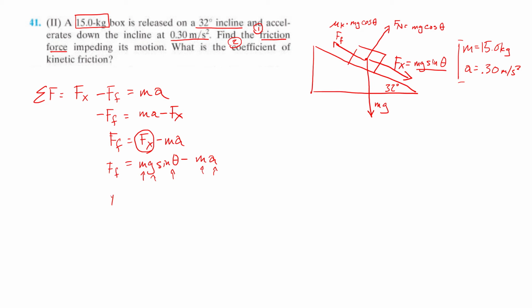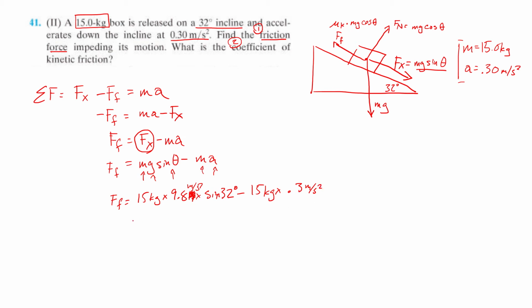So the friction force is equal to 15 kilograms times 9.8, oh no, it's not newtons, this is meters per second squared, and that becomes a newton. Sorry about that, guys. Times sine 32, minus 15 kilograms times 0.3 meters per second squared, and that becomes another newton.